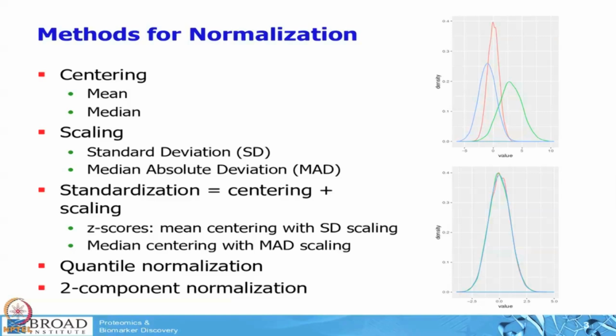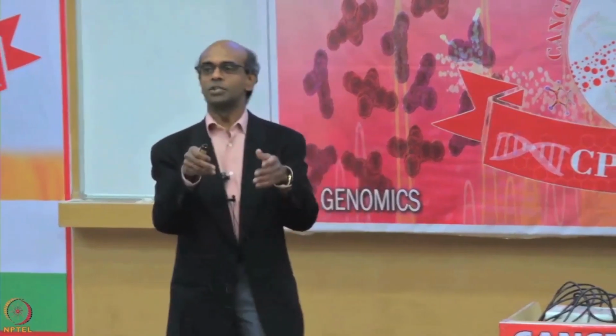And then the second thing is scaling. You can see that the green one is much fatter than the red one. The red one is a thin, long peak, whereas the green one is a spread out peak. To make things more comparable, it would be helpful in many situations to have the spread also be equal. In other words, you want to scale it so that the standard deviation, or the fatness of your distribution, is essentially the same.